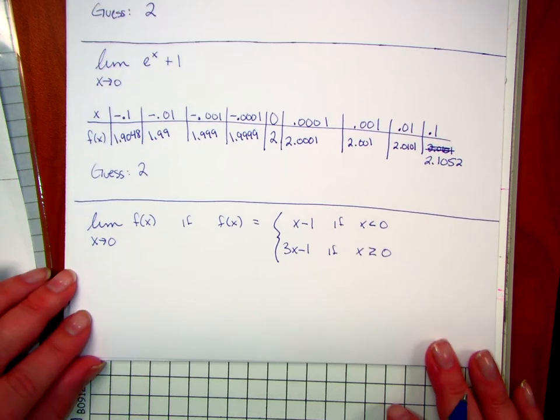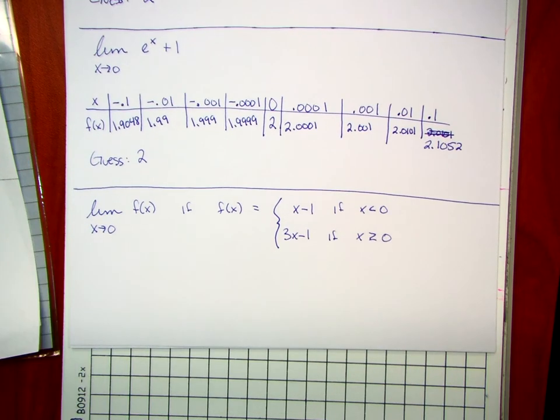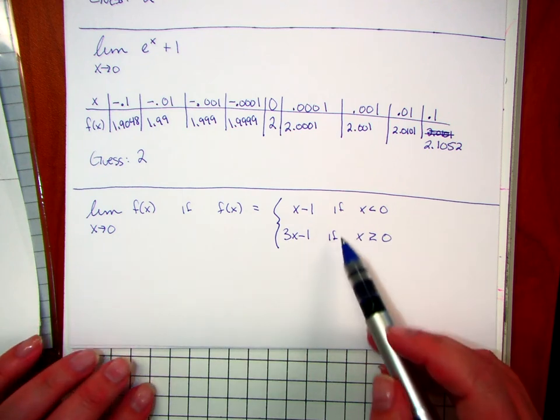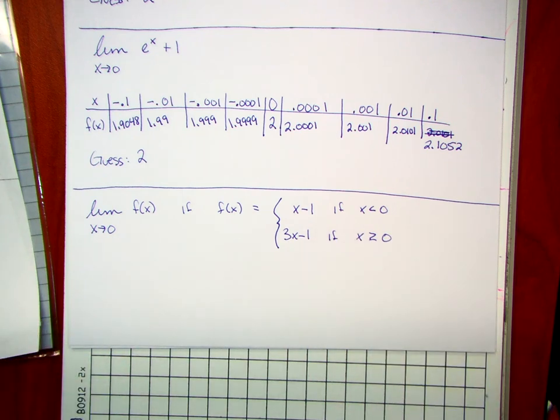All right, so we have this piecewise defined function here. The limit of a function as x approaches 0, but the function is 2 different functions depending on which side of 0 you're at, right?